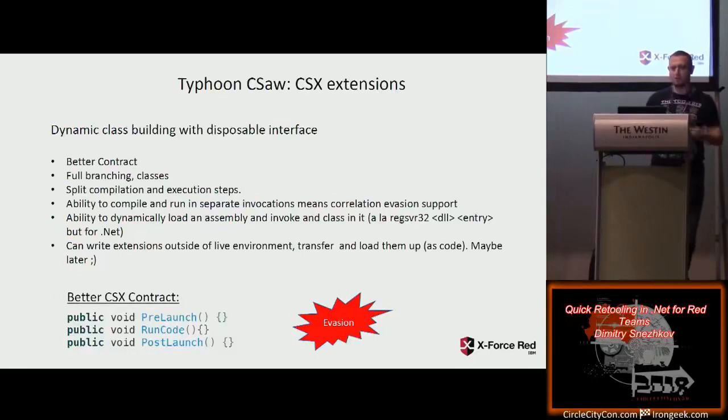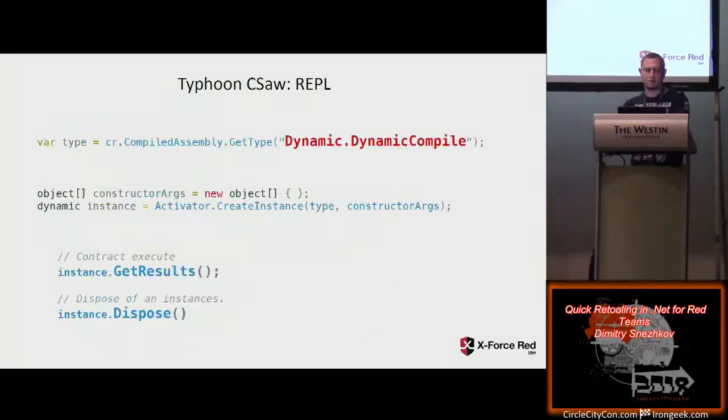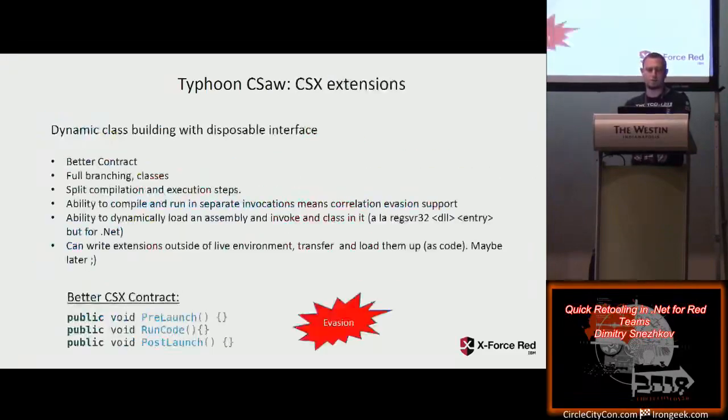Okay, so let's build CSX extensions. CSX extensions build on the previous contract, but they improve on it. So to give you an example, now instead of having get results and dispose, we're going to do pre-launch, run code, and post-launch. So you can actually create hooks into what you do when you're running the code.